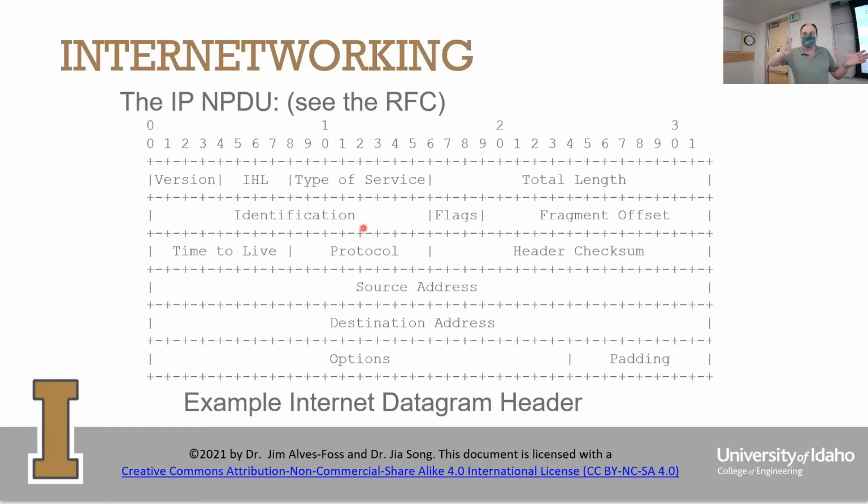So it'll break mine up into 4 chunks, actually 5 probably, because it'll put a header on every one of those chunks. This identification specifies what was the number of that original packet. The fragment offset here then tells me how many bytes into that original packet this one actually starts. So the first one will start with 0. The next one would be, okay, I cut off 1,024 bytes for the first one when I subdivide it. So the next one I'll have the offset will be 1,025.